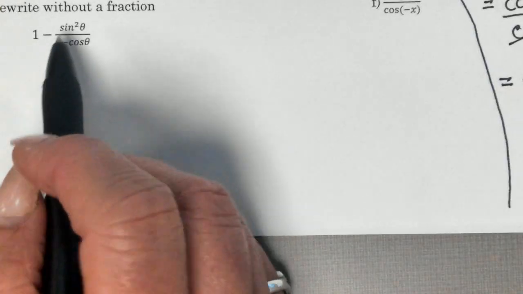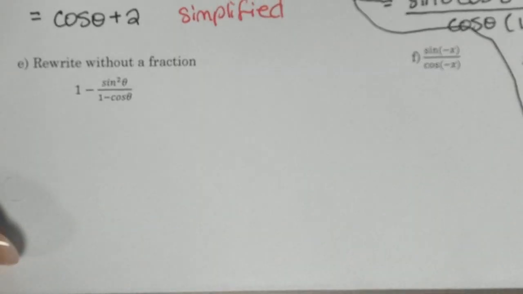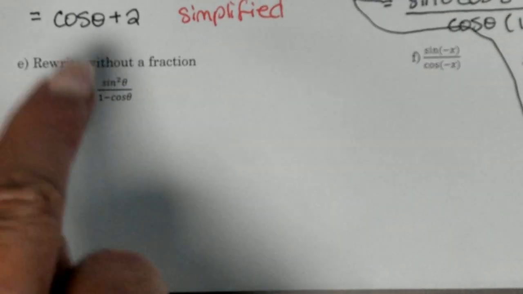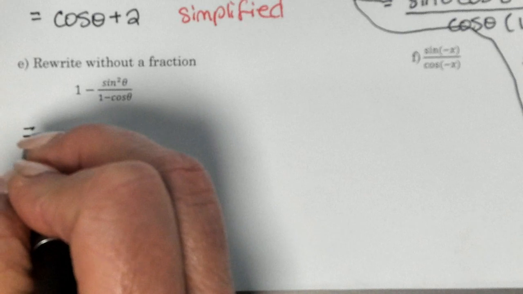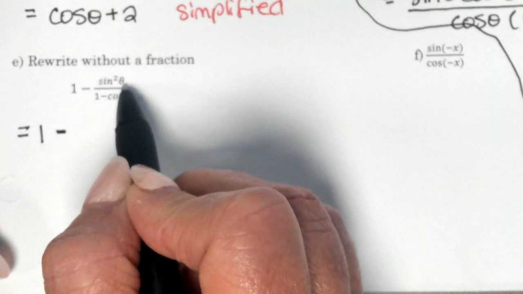Let's take a look at this one right here, to rewrite without a fraction. Well, we have a fraction right here. I'm going to get rid of that. And here's how I'm going to do it. Sine squared theta.